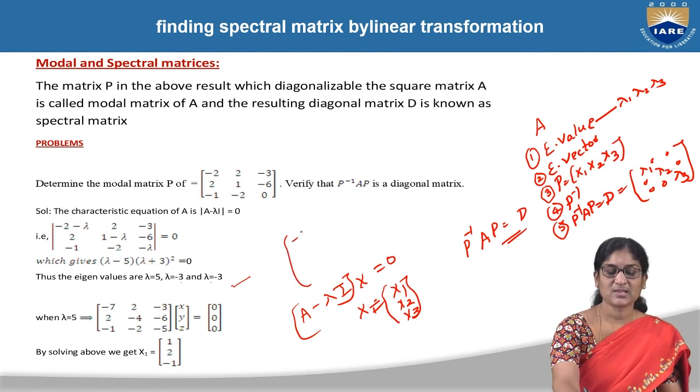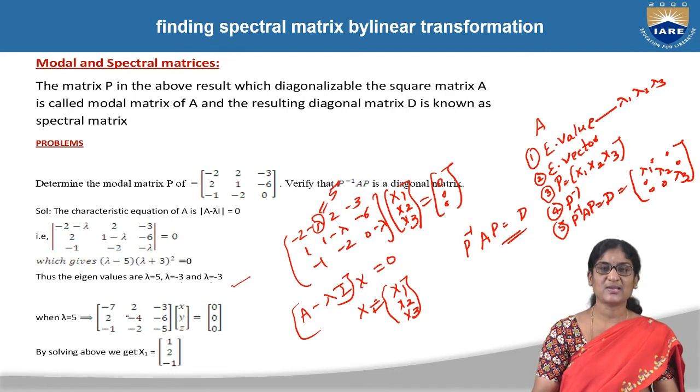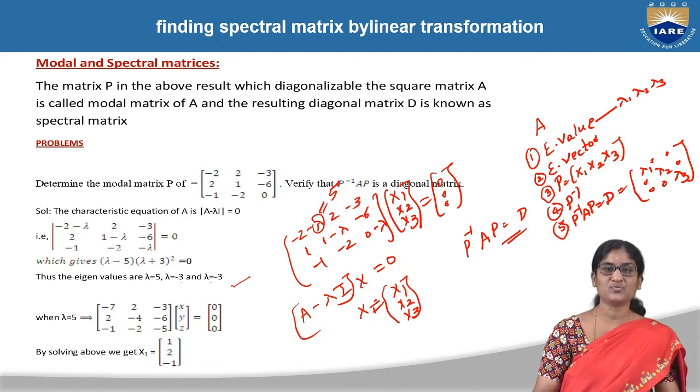Actually it is -2 minus lambda, 2, -3; 2, 1 minus lambda, -6; -1, -2, 0 minus lambda, into the unknown matrix X is equal to 0. Substituting lambda is equal to 5, I got the matrix -7, 2, -3; 2, -4, -6; -1, -2, -5.